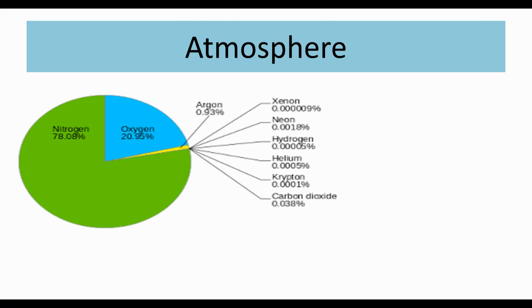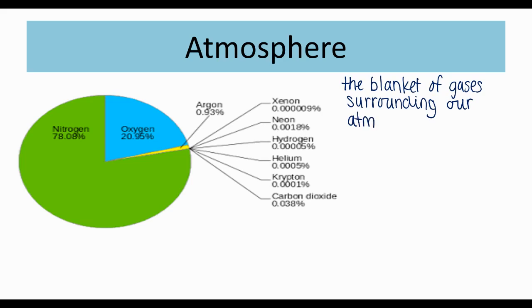The second sphere we're going to talk about is the atmosphere. This is the blanket of gases surrounding our planet. And contrary to popular belief, the atmosphere is made of more than just oxygen.